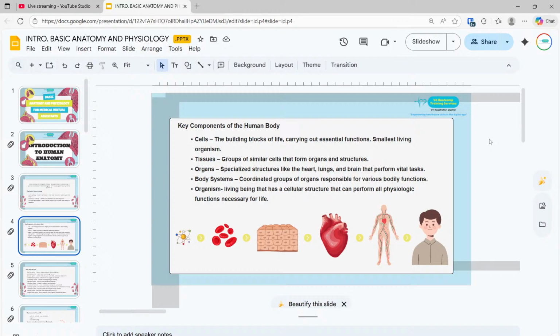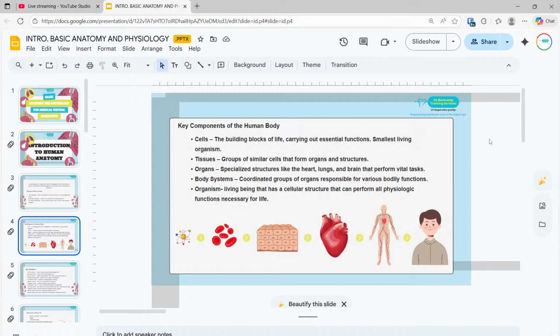All right. So what are the key components of the human body? We have the cells. Cells are the building blocks of life, carrying out essential functions, the smallest living organism in the body. And then we have tissues. These are groups of similar cells that form organs and structures. Organs are specialized structures like the heart, lungs, and brain that perform vital tasks.